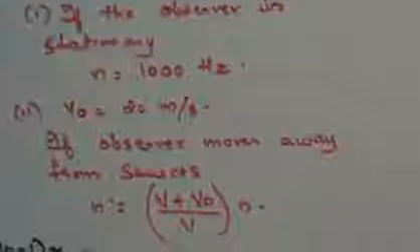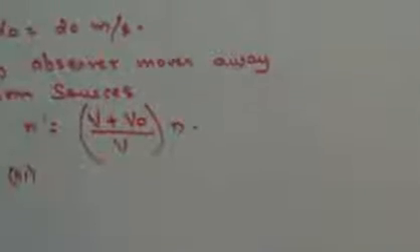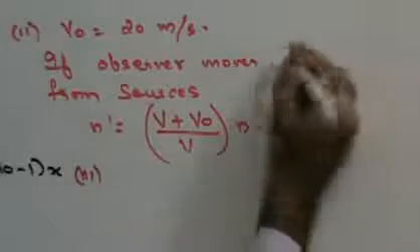Third part of the question, moving away from the source at a constant speed of 30 meters per second. No, in this case, the second part of the question is moves towards the source.